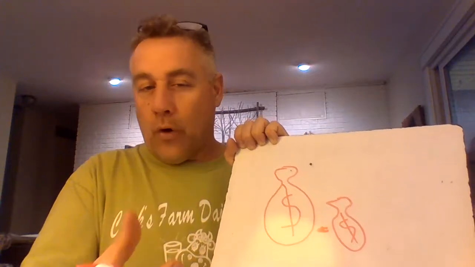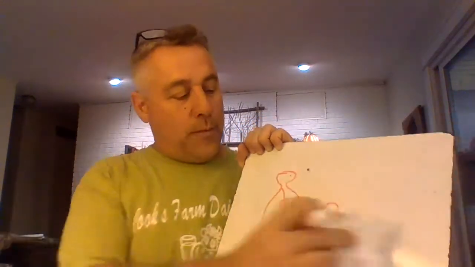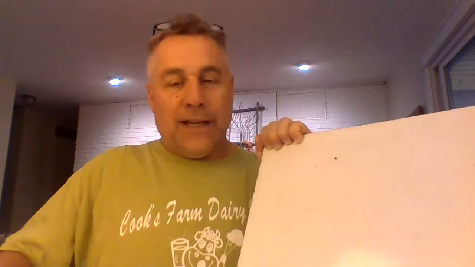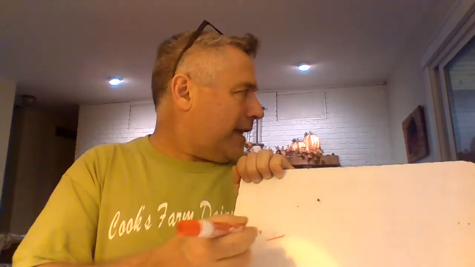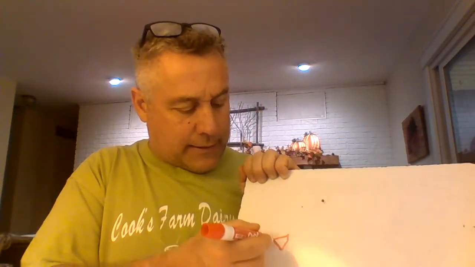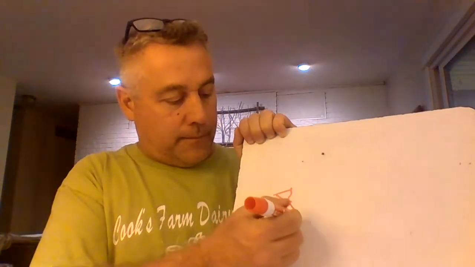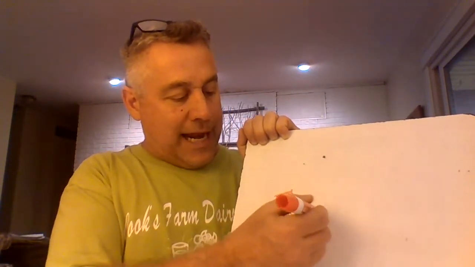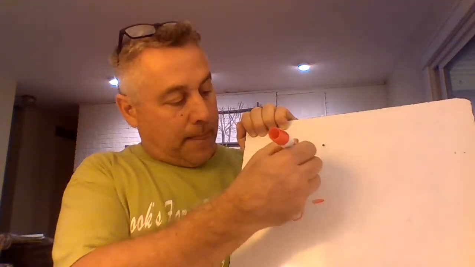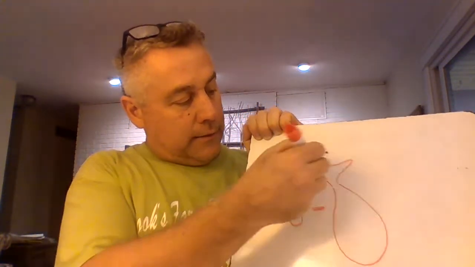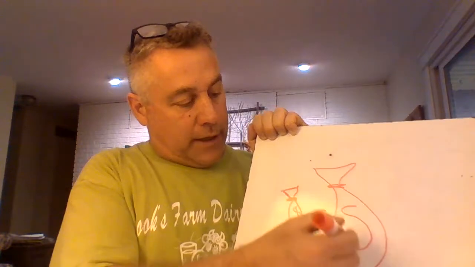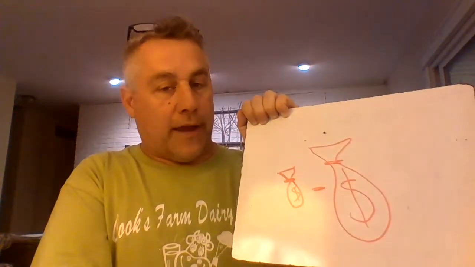Because it wouldn't be the whole thing. But I hope it makes sense that you couldn't go the other way. You can't take a small money bag and take from it a gigantic amount of money. It doesn't work that way.